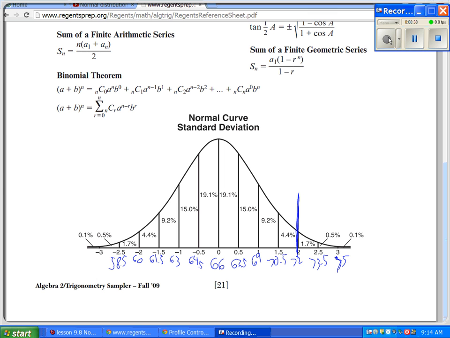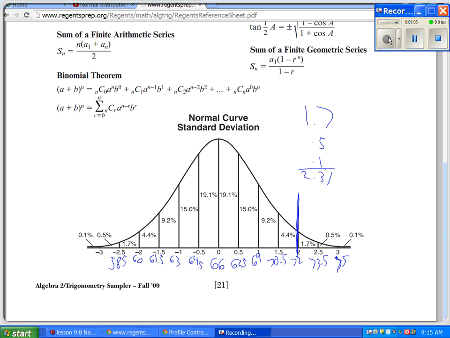So what do I add up in this case? We're going to add up everything to the right of whatever divider we're looking at. 1.7, 0.5, and 0.1, so we get 2.3%.